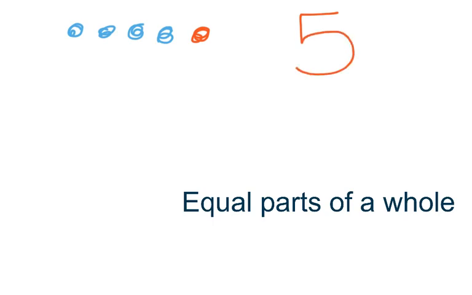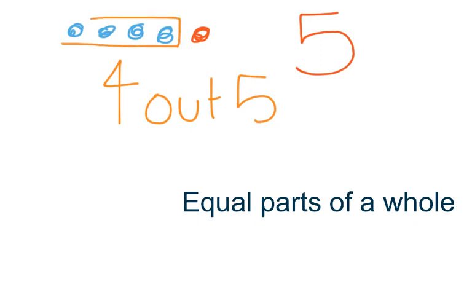Well, I can also represent these dots as equal parts of a whole, showing that I have 4 out of 5 blue dots, and if I wrote it as a number, it'd be 4 over 5.